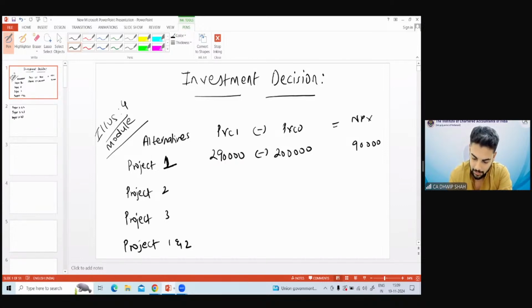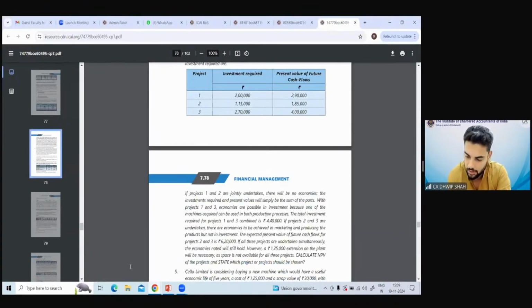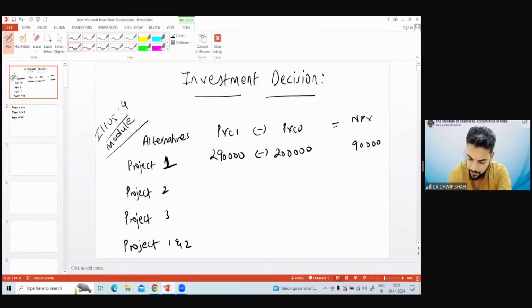Simple. Similarly, we will calculate for project 2 and project 3. Project 2's investment amount is 115.